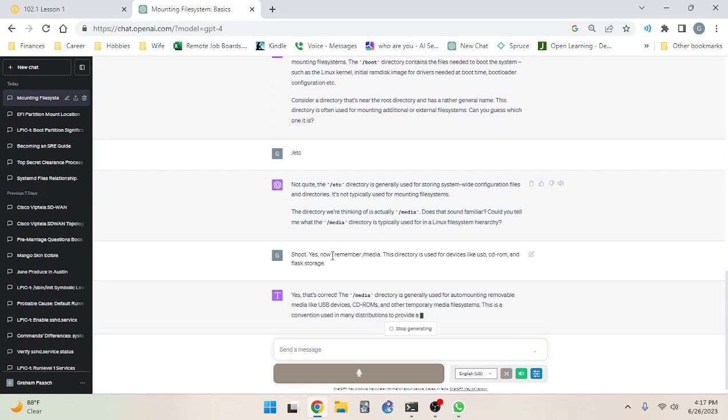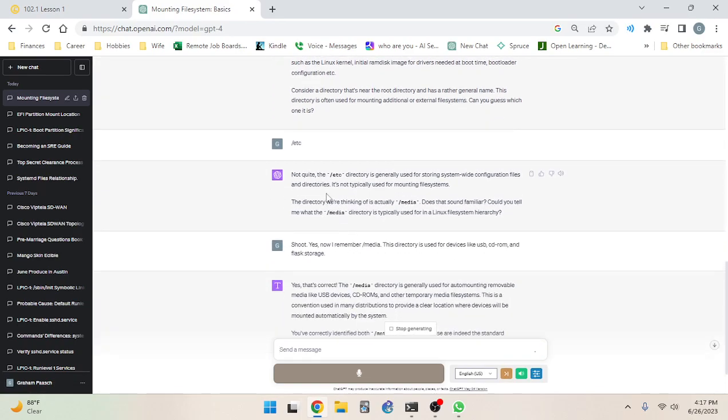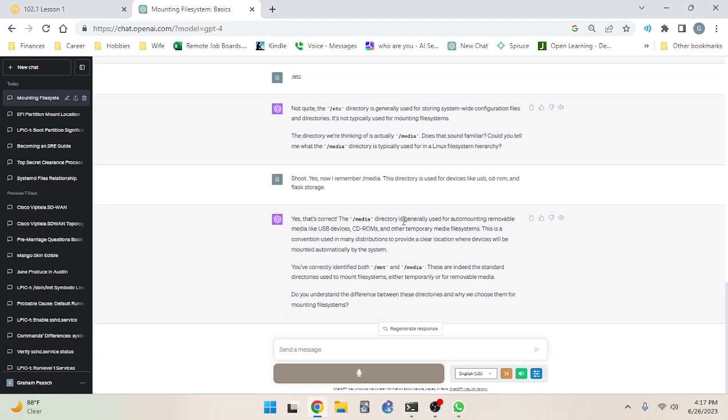Yes, that's correct. Removable storage. The media directory is generally used for auto-mounting removable media like USB devices, CD-ROMs, and other temporary media file systems. This is a convention used in many distributions to provide a clear location where devices will be mounted automatically by the system. You correctly identified both MNT and media. These are indeed the standard directories used to mount file systems, either temporarily or for removable media. Do you understand the difference between these directories and why we choose them for mounting file systems?